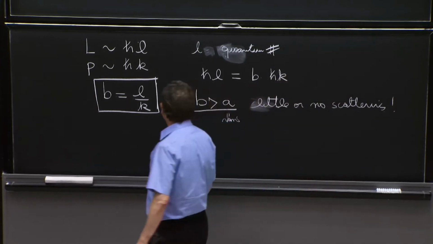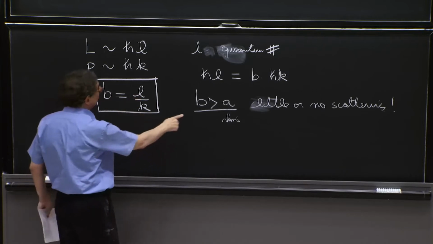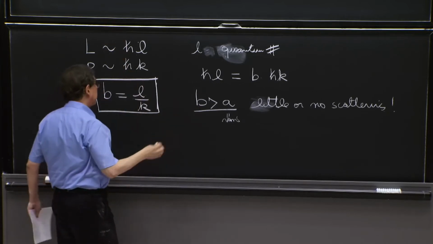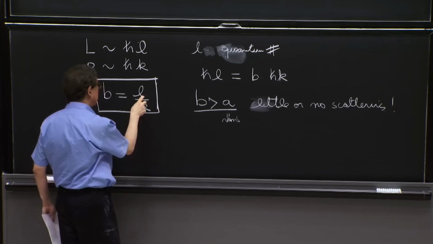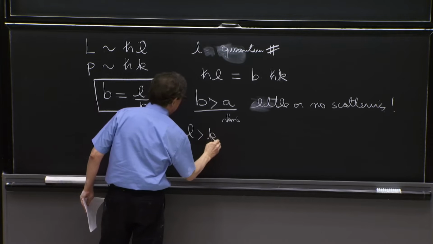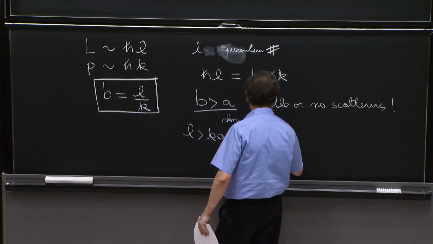So if b is greater than a, there is little or no scattering, that's intuitively clear from the range of the potential if the impact parameter is much bigger. So this means l greater than ka, there is no scattering.